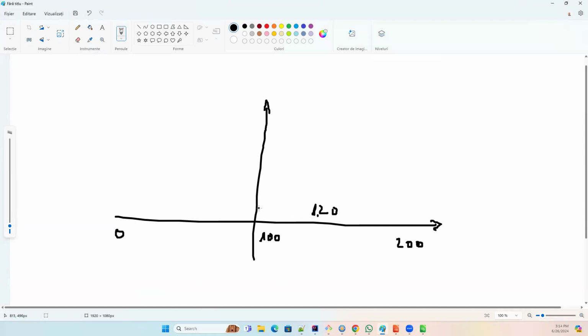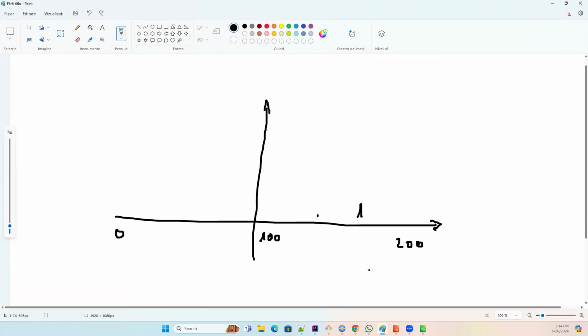Well, for a call option, this means you'll have to pay the difference, the difference between 120 and 100. So you'll have to pay 20. So this is the damage that you have to pay for a car. Now, if another stock goes to 150, you'll have to pay 50.